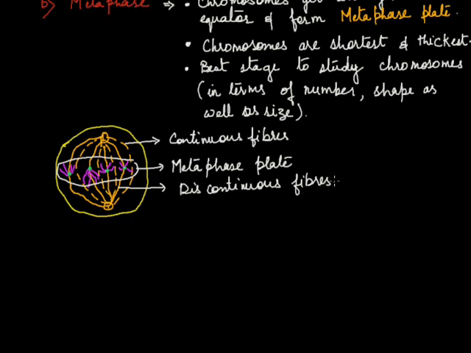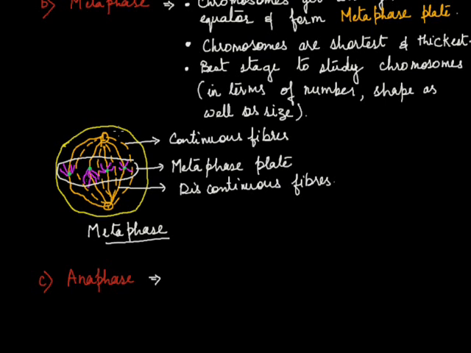Now, after metaphase, the third step of the karyokinesis is anaphase. The major change that occurs during anaphase is that the centromere, which is joining the two sister chromatids, divides into two to form two daughter chromosomes.